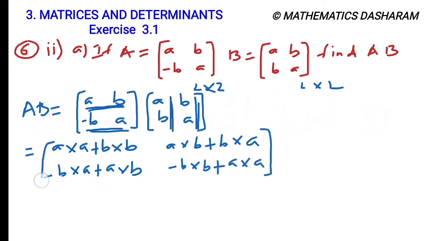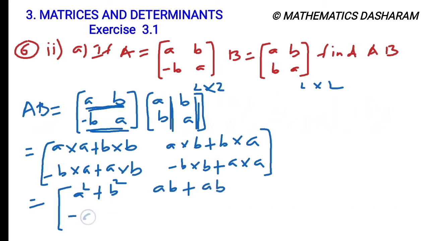Let's simplify this. It is equal to A into A is A square, B into B is B square, A into B is AB, B into A is also AB, minus B into A is minus AB plus A into B is AB, minus B into B is minus B square plus A into A is A square.